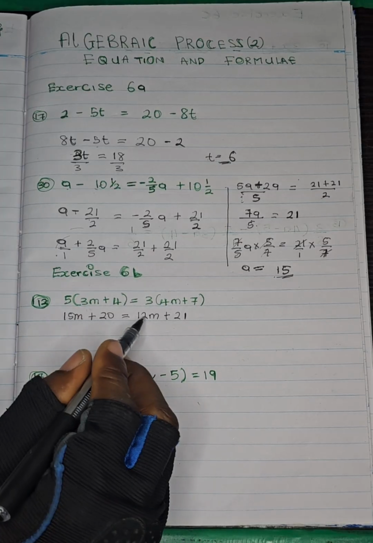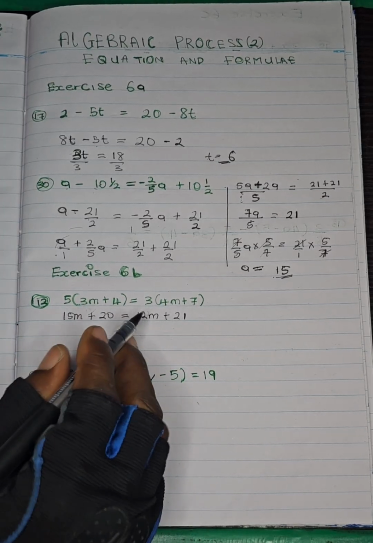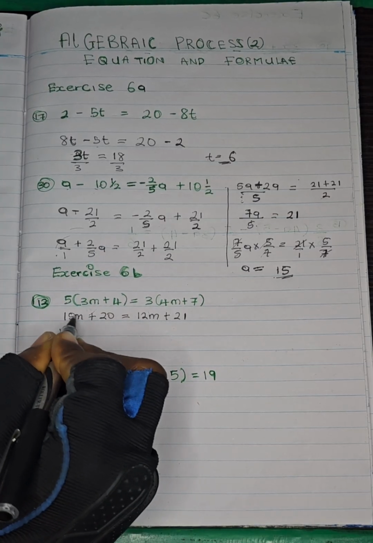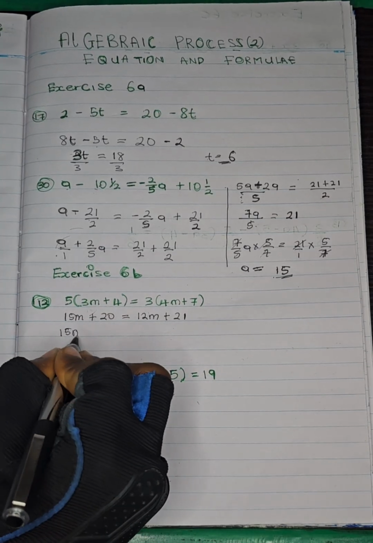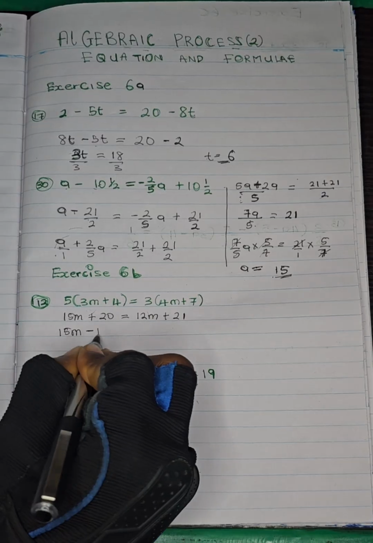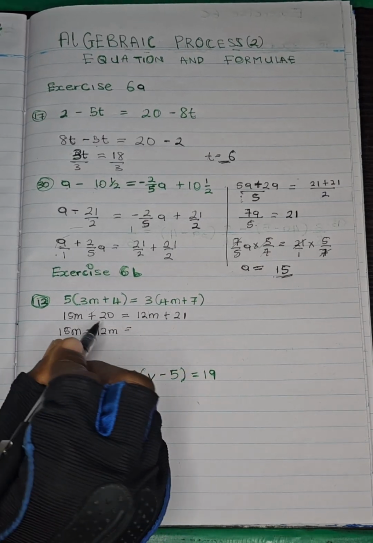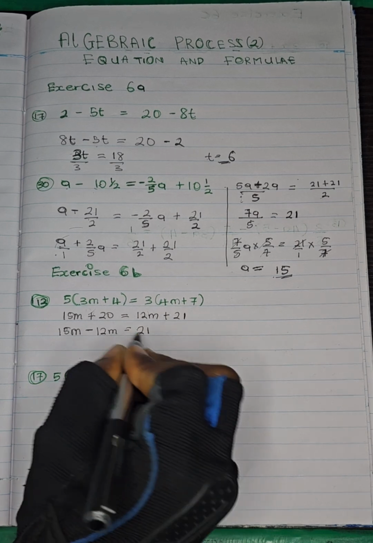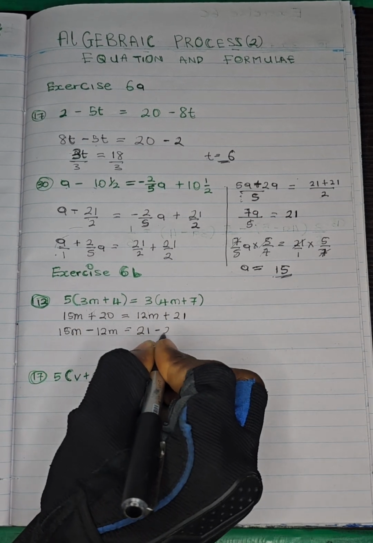Now we'll start rearranging. We'll bring m to this side and bring 20 to this side. This is plus. When it crosses the equation, it becomes what? Minus. You have 15m that is here. When this crosses the equation it becomes minus 12m is equal to this plus. When it crosses it becomes minus. 21, the 21 that was here before, then this will join it, minus 20.